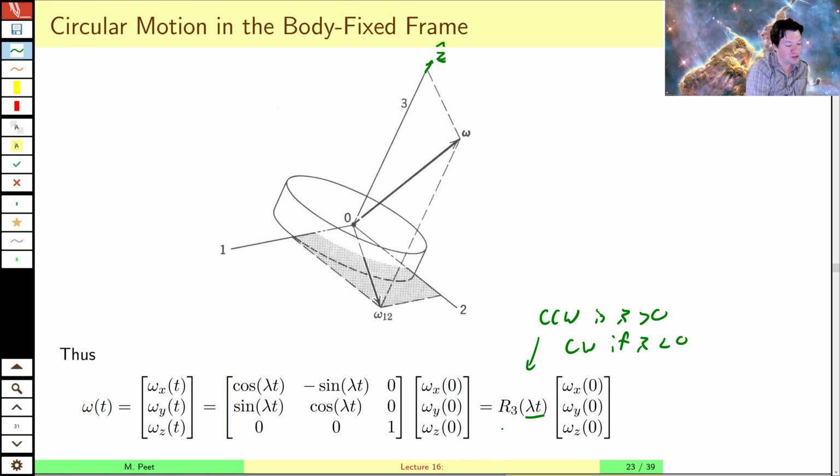So it's basically just your rotation matrix all over again, where you're rotating your initial angular velocity vector in the body fixed frame about the z-axis at a rate lambda t, or at an angular velocity lambda. So the solution just comes down to, as we did in the scalar version, the rotation matrix applied to the initial angular velocity vector.